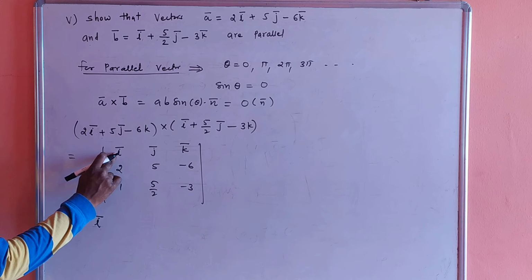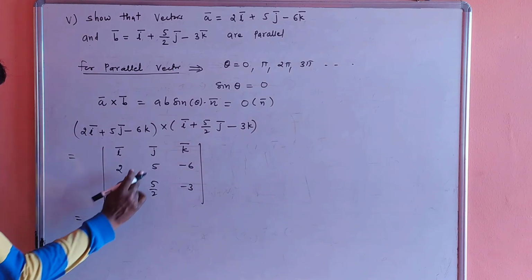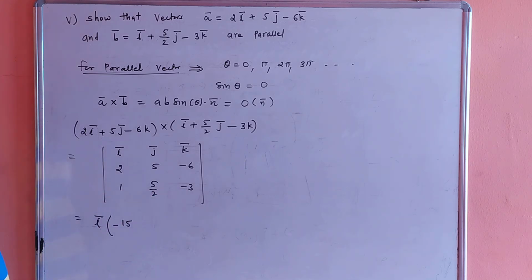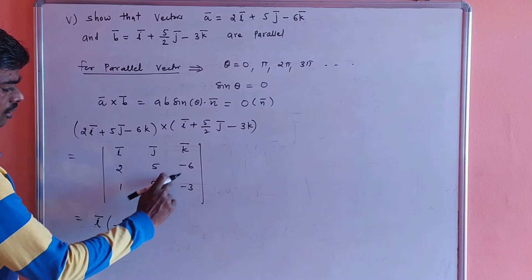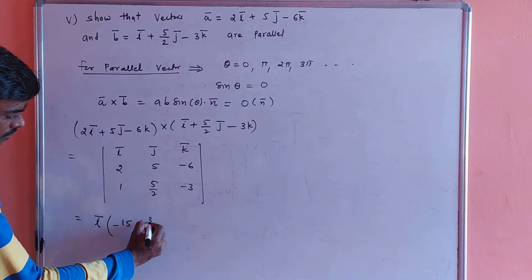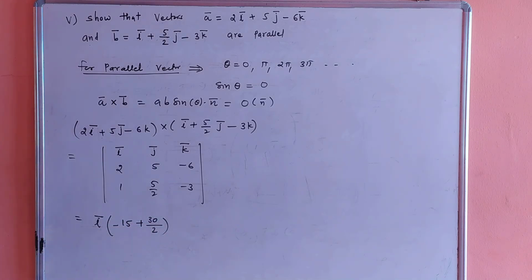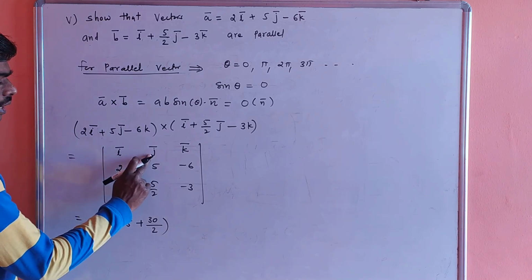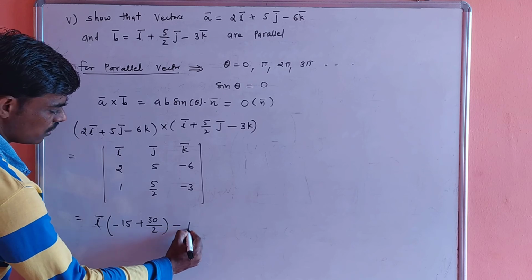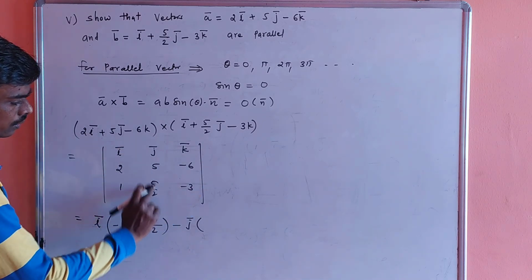First term: eliminate the row and column, and multiply these two. 5 into minus 3 is minus 15. And minus of minus is plus, so it becomes plus 30 divided by 2. Then the second term. This term is plus, this term will be minus, minus j. Eliminate the row and column.